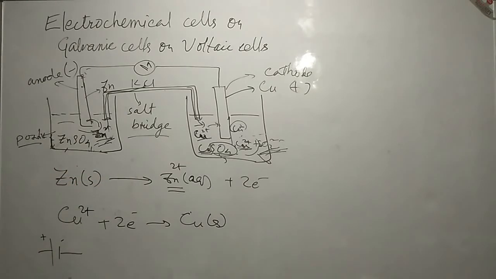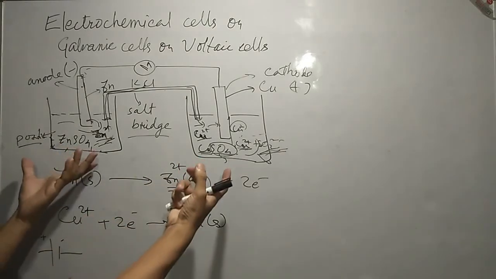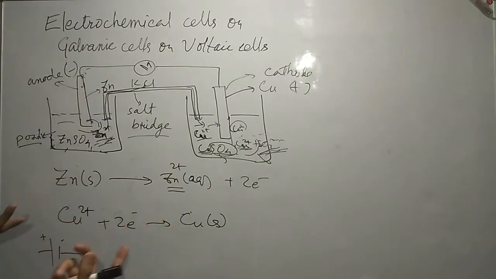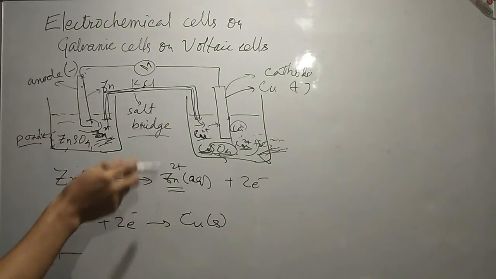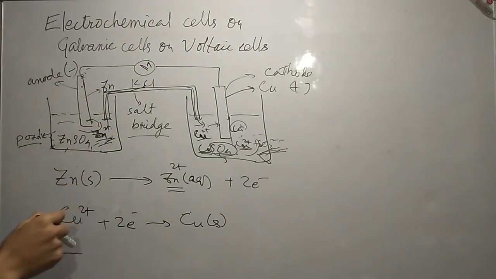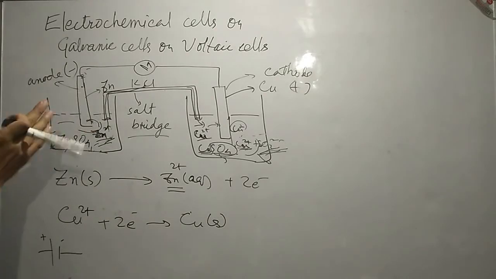Since they are not able to maintain neutrality, there will be a reduced production of electrical energy, and hence in that case a salt bridge is used in order to maintain the neutrality. The salt bridge helps in supplying ions, cations and anions.